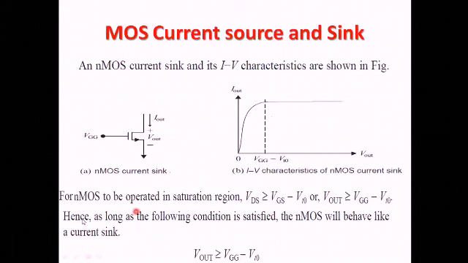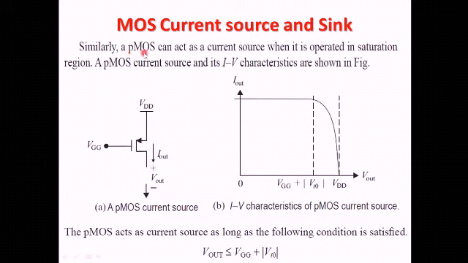Hence, as long as the following condition is satisfied, the NMOS will behave like a current sink, that is, Vout is greater than or equal to VGG minus VT0. This condition is very important because as long as it is satisfied, the MOS will behave like a current sink.